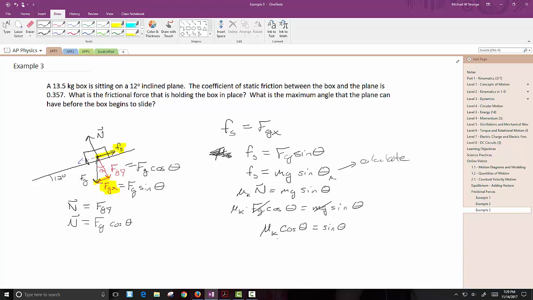Now we need to get the thetas on the same side, so you would get the coefficient equals sine theta divided by cosine theta. And sine divided by cosine is tangent. So we end up with arctan of the coefficient is equal to the max angle. This part I'll talk about in class if I haven't already. Why that's equal to tangent theta.